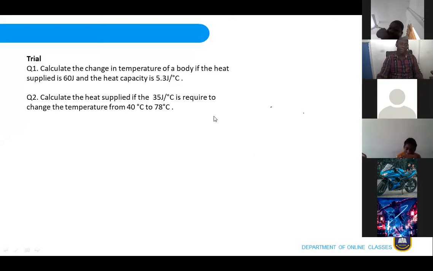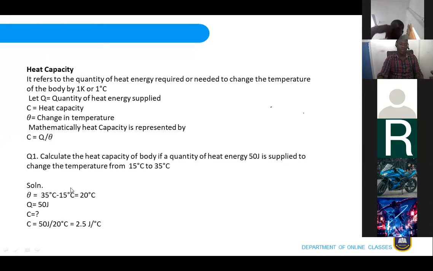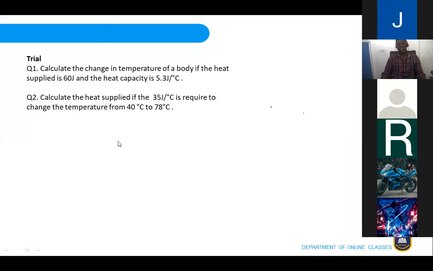And for those who were not able to do it, we know our formula to be C equals Q over theta. And the theta always is the change in temperature. The C is the heat capacity, and the Q is the quantity of heat supplied. So if you read the question, just input the values into it.